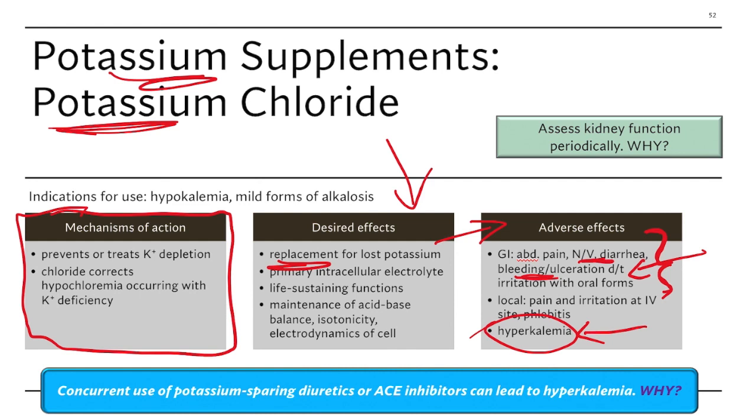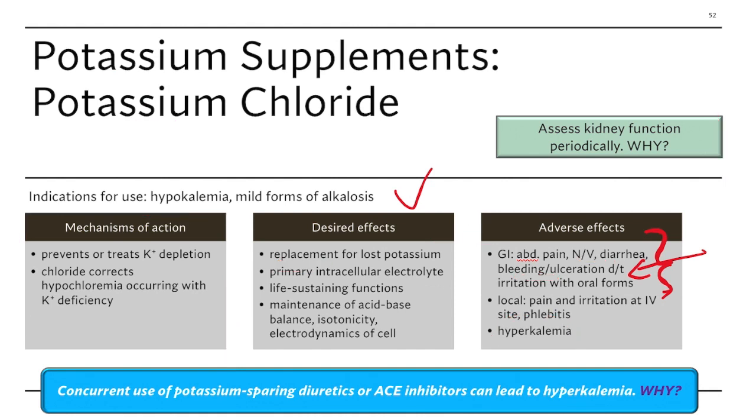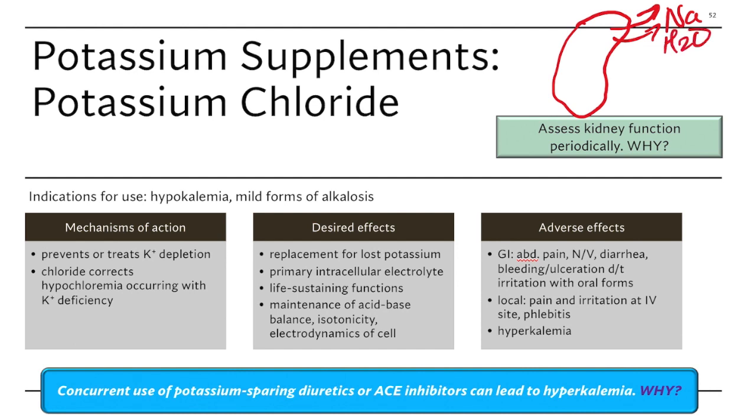So let's look at these little questions that they're asking. Why do we have to assess kidney function? We talked about what the kidney does in relation to potassium earlier. We talked about the kidney is happiest when it is doing its job to reabsorb sodium and water and excrete potassium.